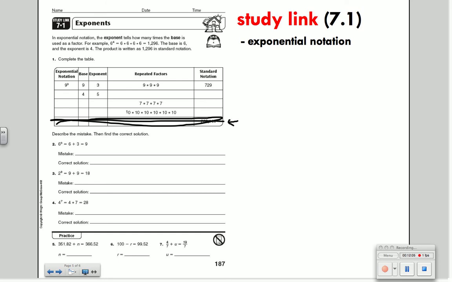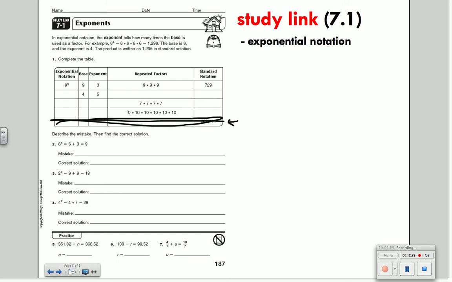All right, so question 1 is simple. Now, questions 2 through 4 is a little different, but I think you understand it. You just need to think about it. So it says, describe the mistake, then find the correct solution. So look at number 2. 6 to the 3rd power equals 6 plus 3, which equals 9. Well, hopefully you guys know by now that 6 to the 3rd power does not mean 6 plus 3.